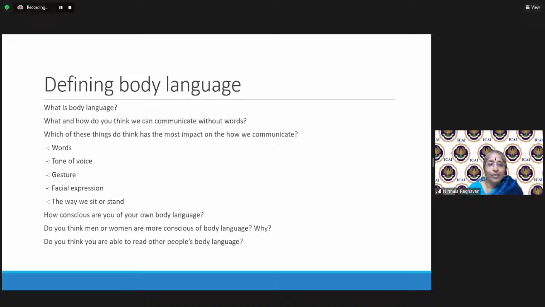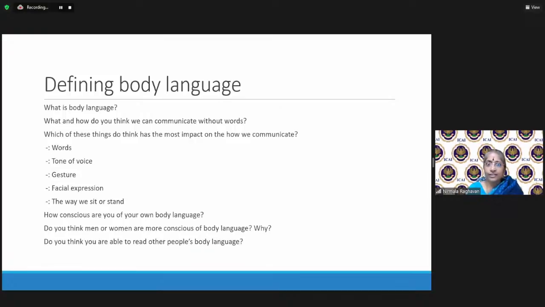Okay, this is body language, defining body language. What is body language? What and how do you think we can communicate without words? Can we communicate without words? Yes. Which of these things do you think has the most impact on how we communicate? Words, tone of voice, the tone. How can tone make a difference? For example, just the word oh, or just the word yes. Yes.